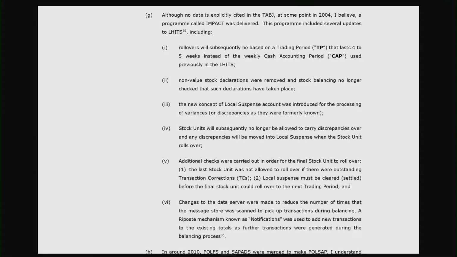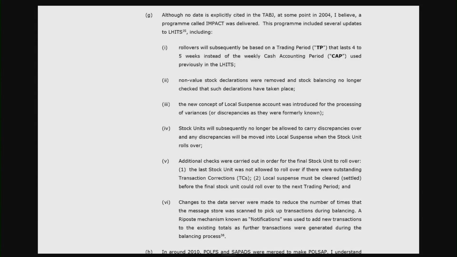The first one I cite here is rollovers, which we'll talk about in a bit. Rollovers used to be every week. Now they were going to be extended to a 4 to 5 week period. Non-value stock declarations weren't required by the stock balancing process anymore.